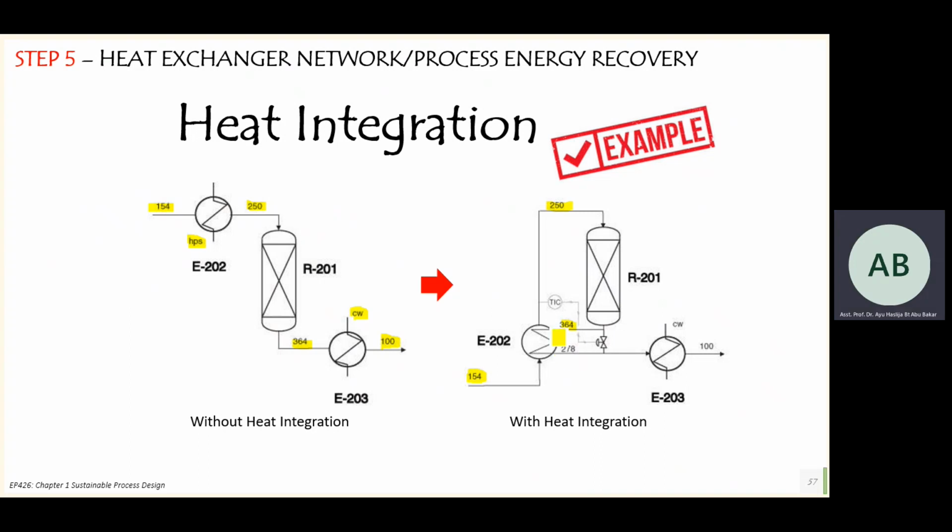Here, to heat up the stream in the heat integration part, you don't need the high pressure steam anymore. We reduce the utilities. And we just need chill water to reduce the temperature of the output stream. But here from 270 to 100, the difference is quite low, so you will require low energy to cool the stream.